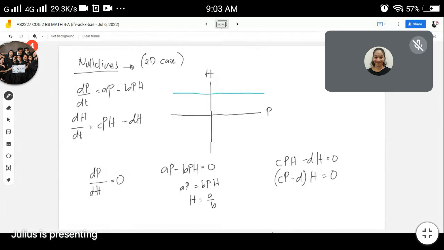Maybe in terms of P lang siguro. In terms of P, okay, vertical line, manggoday siya. We will have CPH equals DH. Therefore, P equals D over C. P equals D over C meaning constant ang P. Di ba it's a vertical line?